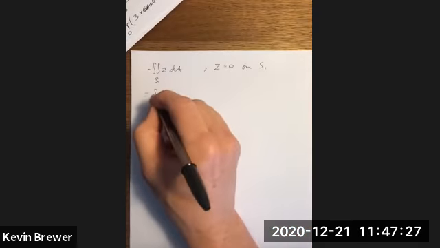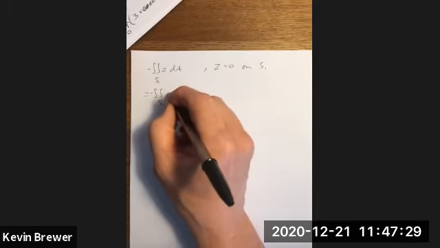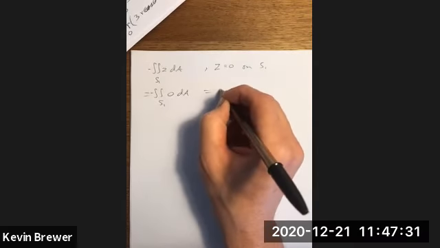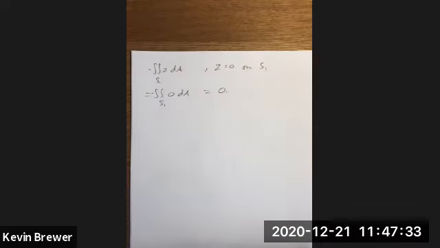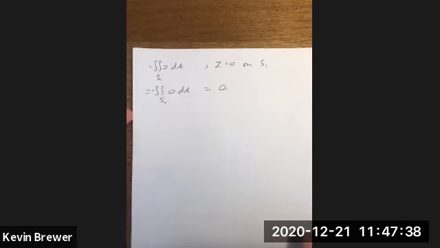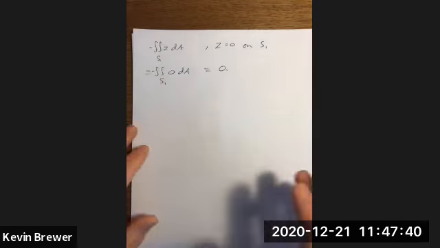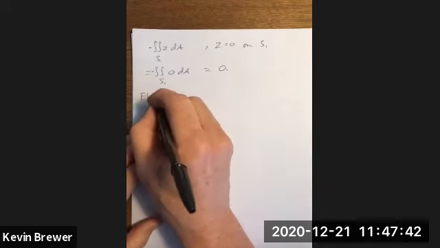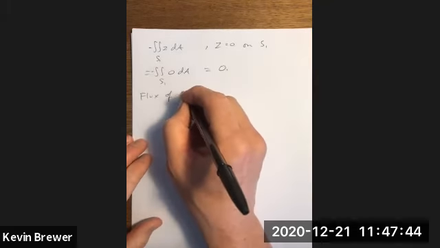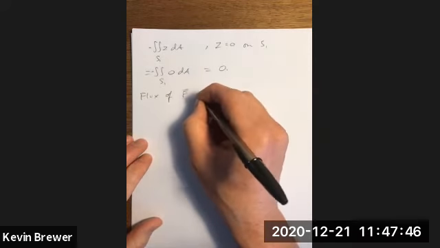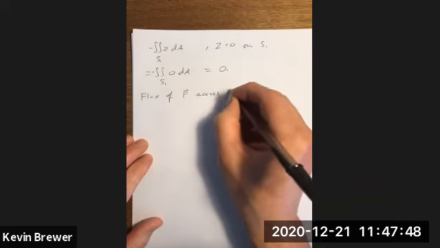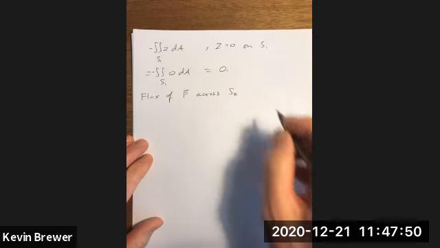So this is minus the double integral of 0 dA, which is 0. So it all boils down to the flux of F across S2.